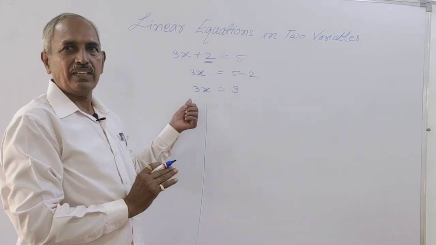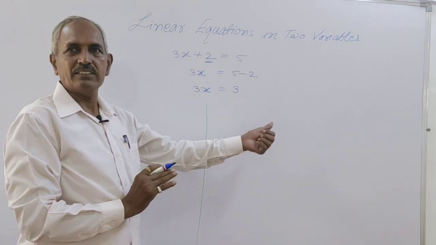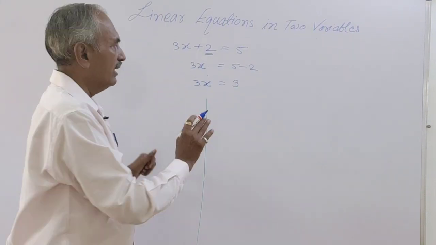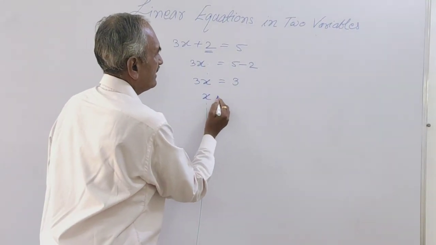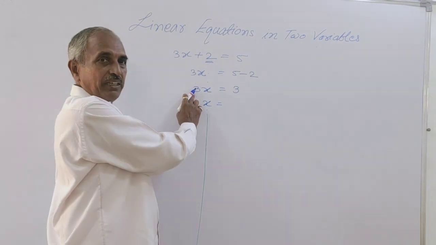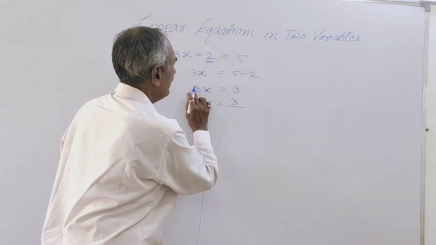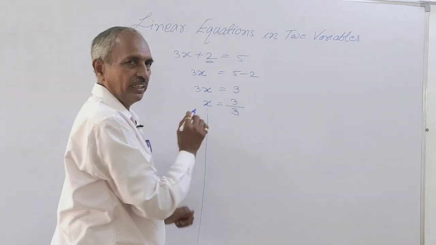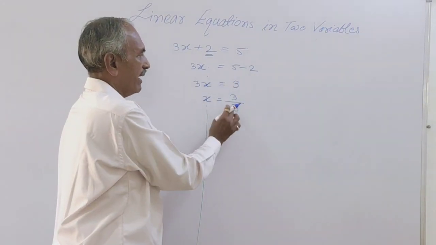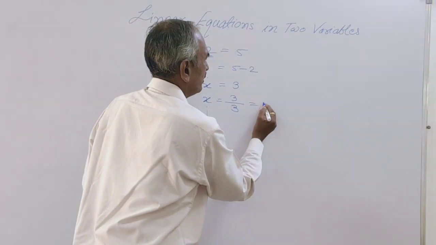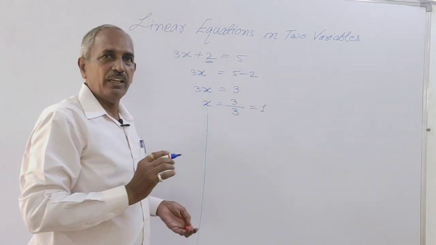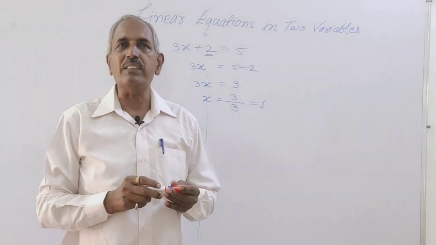When I am transferring this coefficient to right hand side, there is a rule that what was multiplied becomes divided. 3 divided by 3, and my answer is equal to 1. This way, we have solved an equation in one variable.